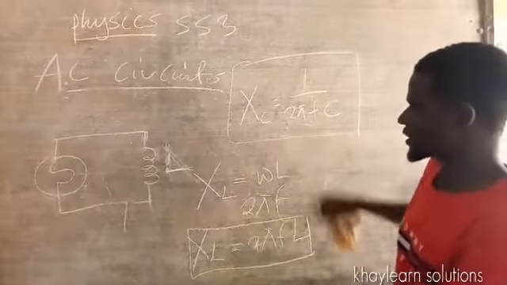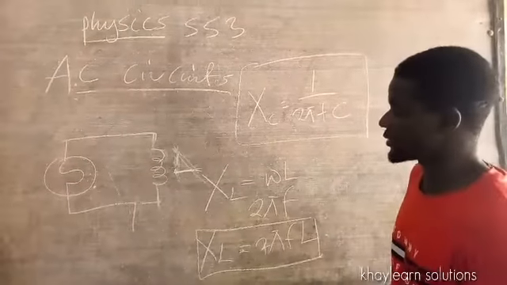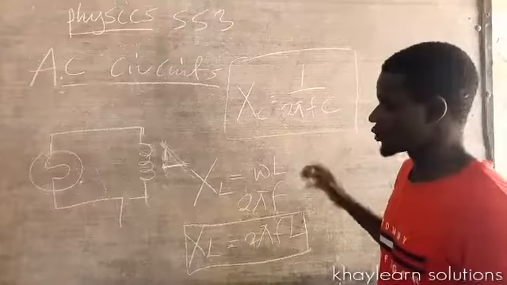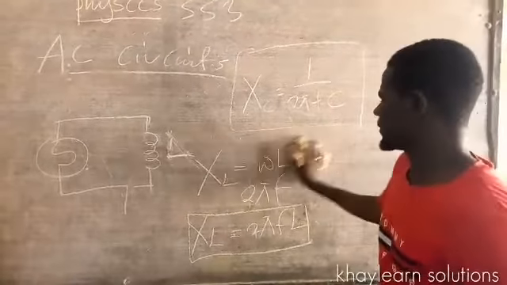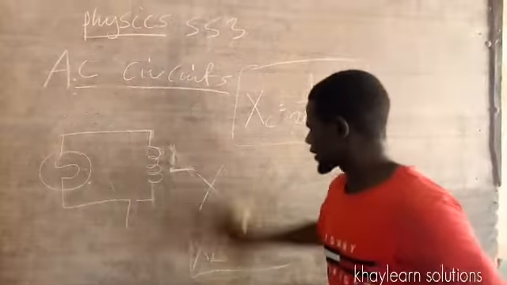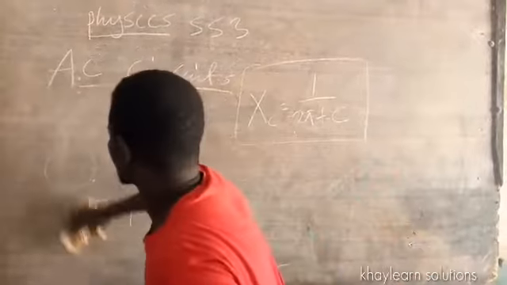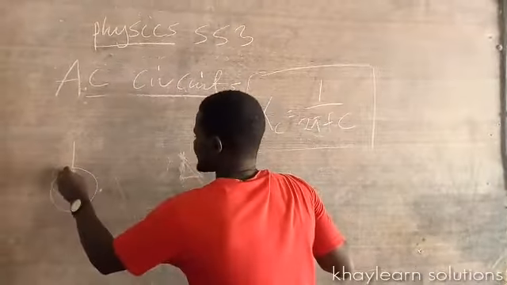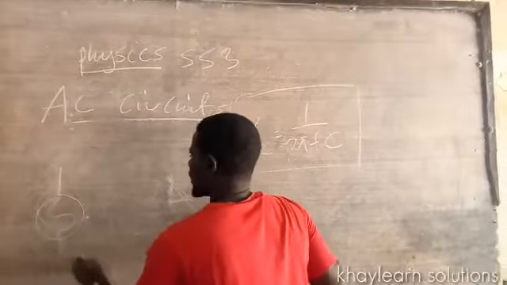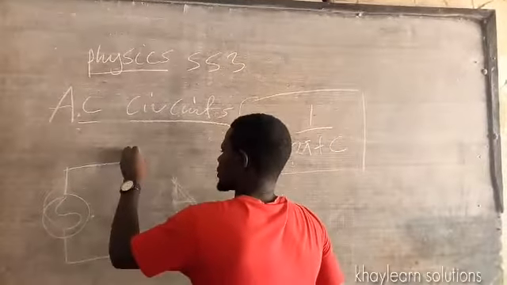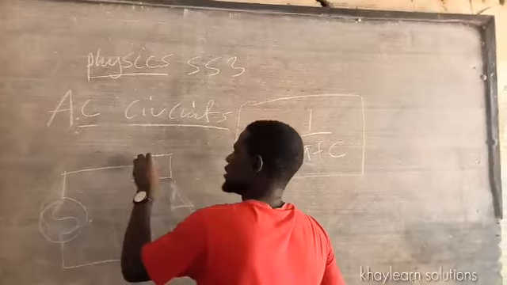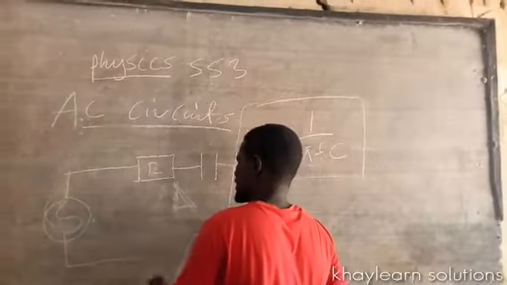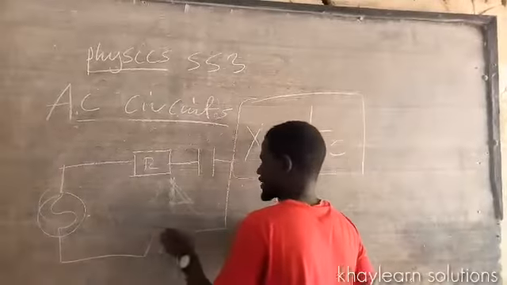All these are circuits of alternating current, when an inductor is connected, a resistor is connected, and a capacitor. There are some situations whereby a resistor and capacitor are connected in the circuit, just like in this case. Assuming a series connection of resistor R and capacitor C in the circuit.